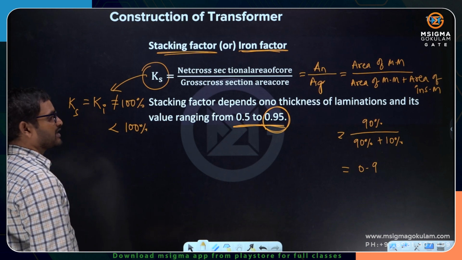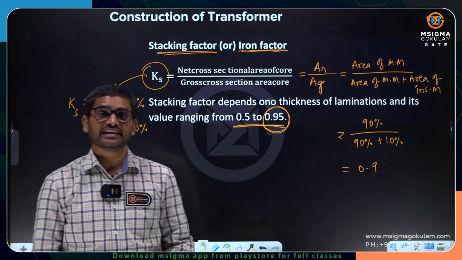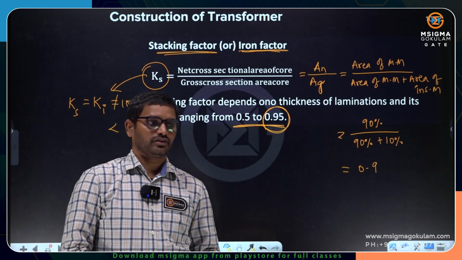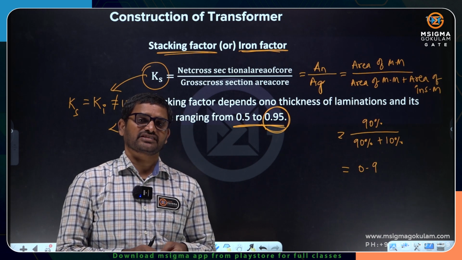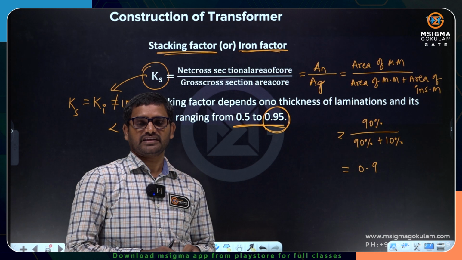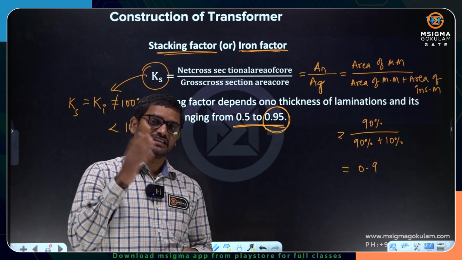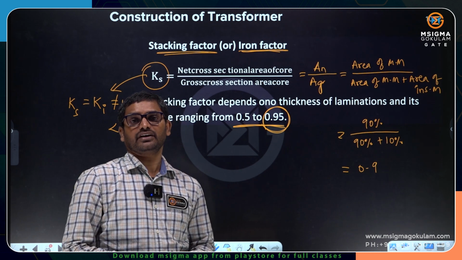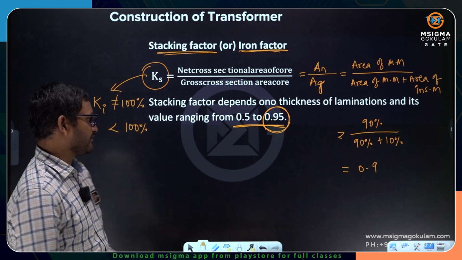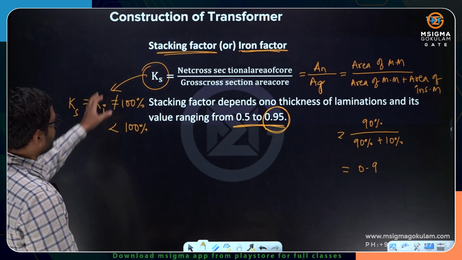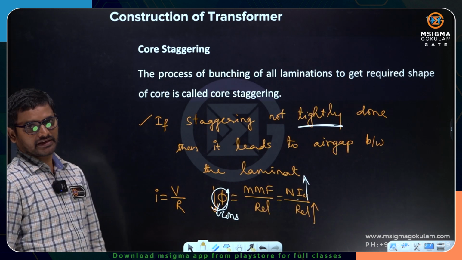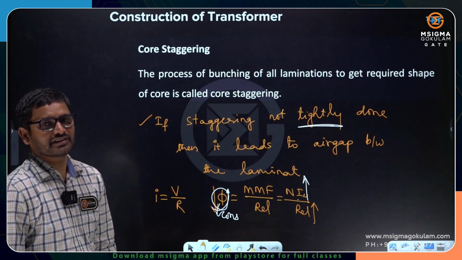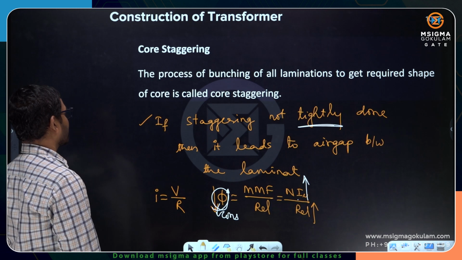Alternate laminations lead to a uniform air gap, or even if there is an air gap chance, that leads to a normalized air gap. And between each and every lamination you can place the insulating material and fill it. So we have discussed the gross iron factor also. That iron factor will definitely be less than 100% only, because insulating material is there.